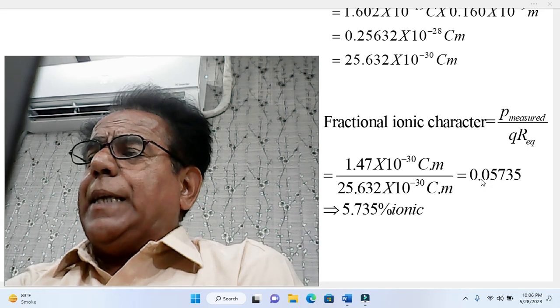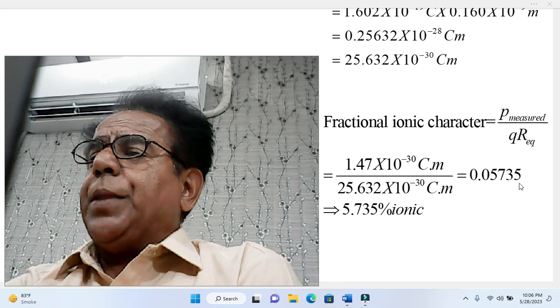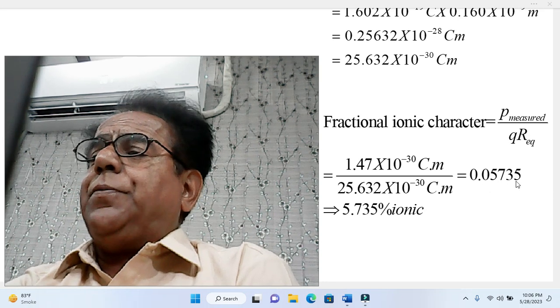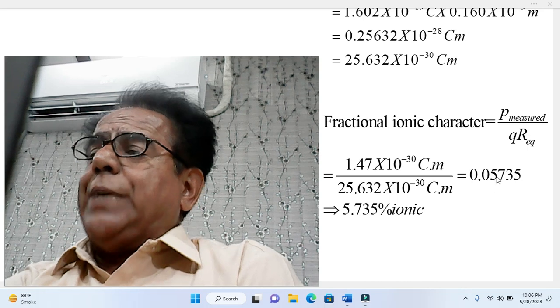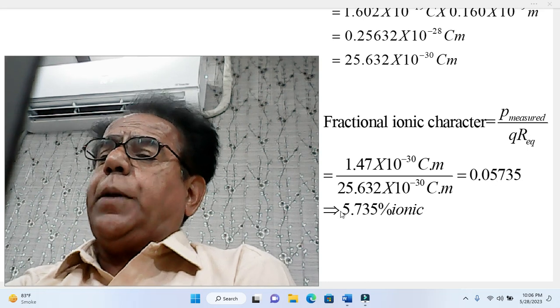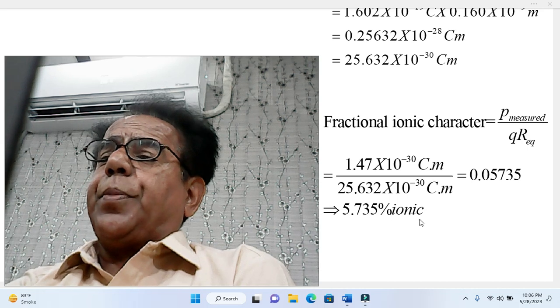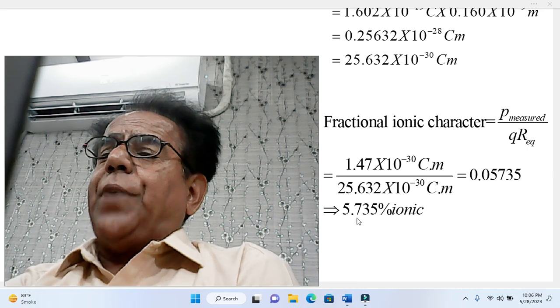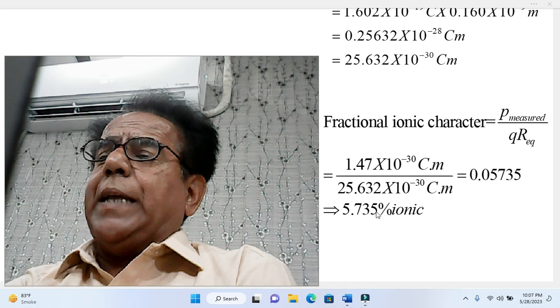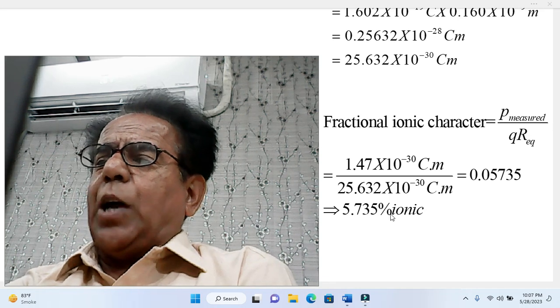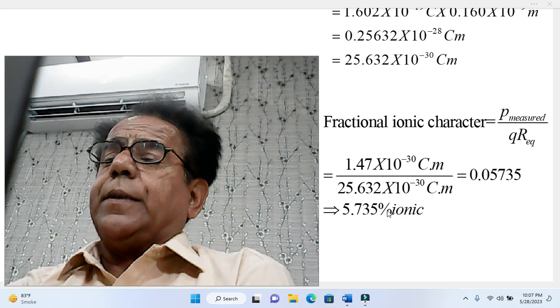When we multiply this factor with 100, it will not remain 0.05735, rather it will become 5.735. So it is 5.735% ionic. This is the sign of percent.